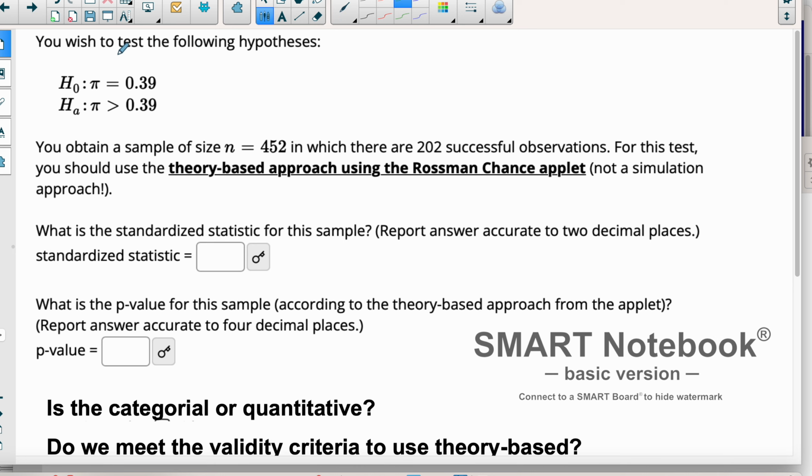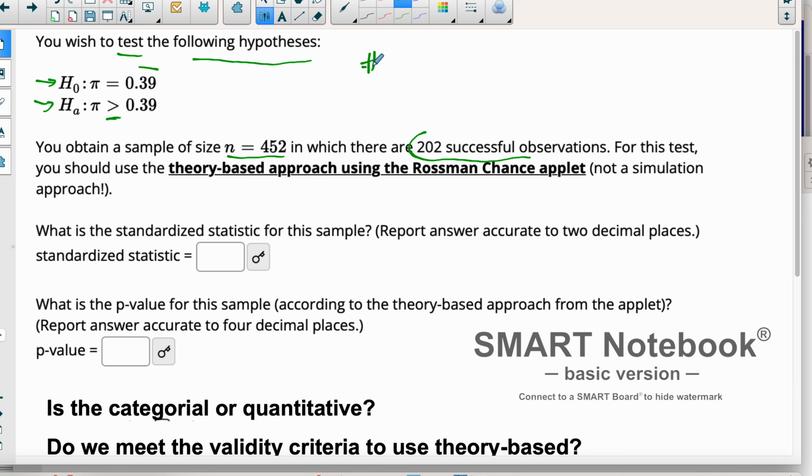This one says you wish to test the following hypothesis, all right? The null hypothesis, pi equals 0.39, my alternative hypothesis, pi is greater than 0.39. We obtain a sample of size n equals 452. We have 202 successful observations.